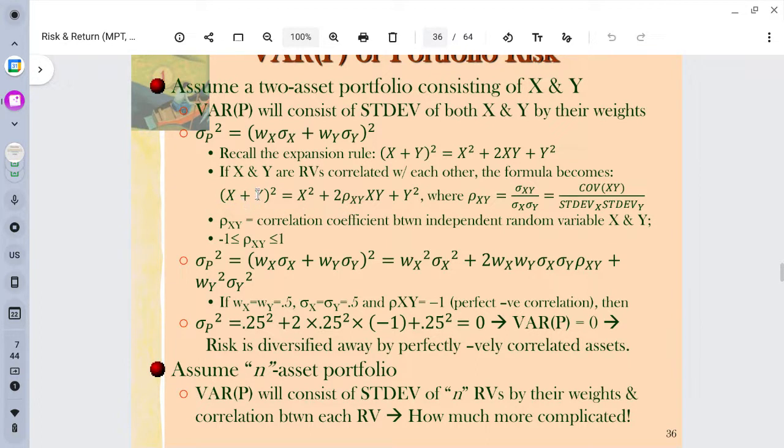So for random variables, we have to factor in the correlation. So then this rule will be modified to reflect the correlation.